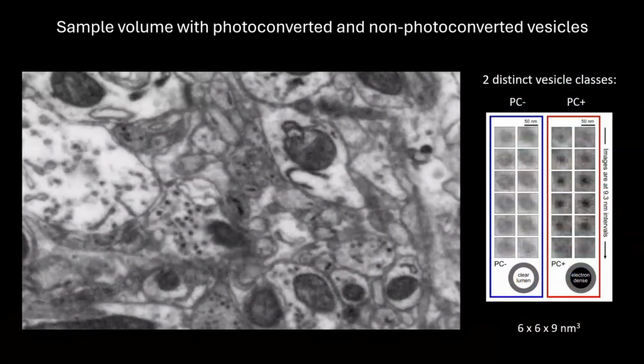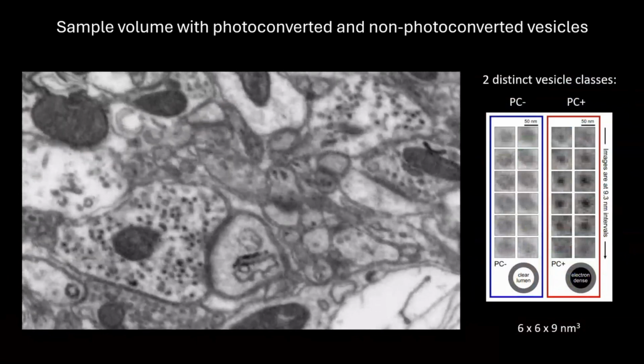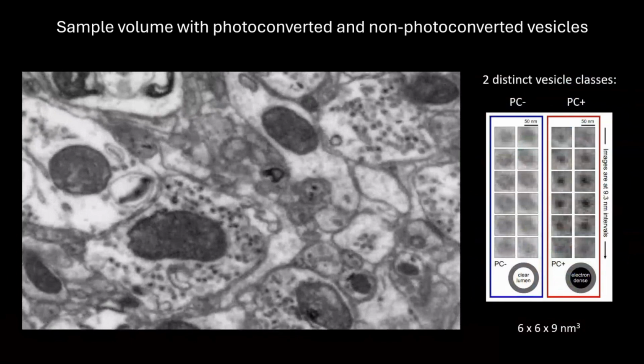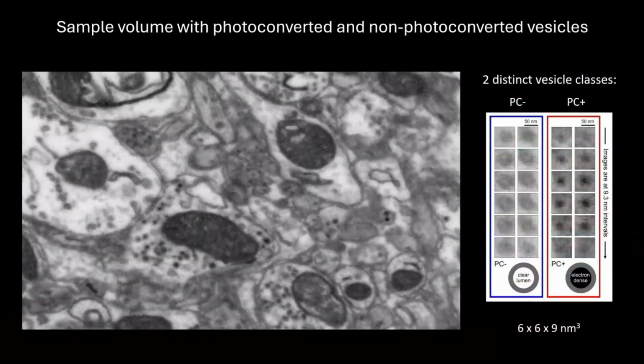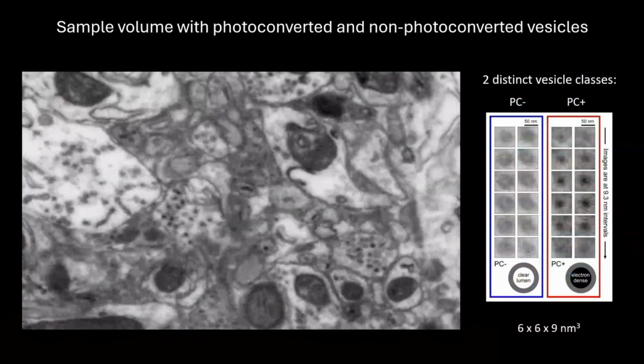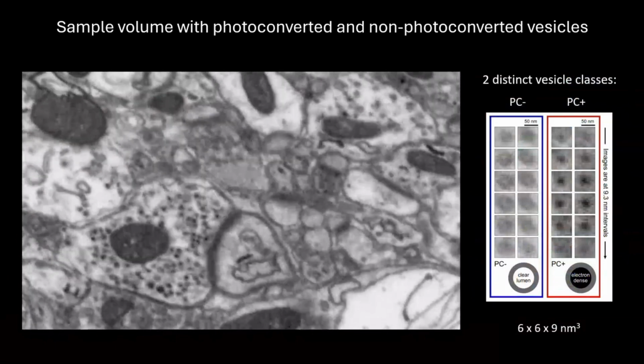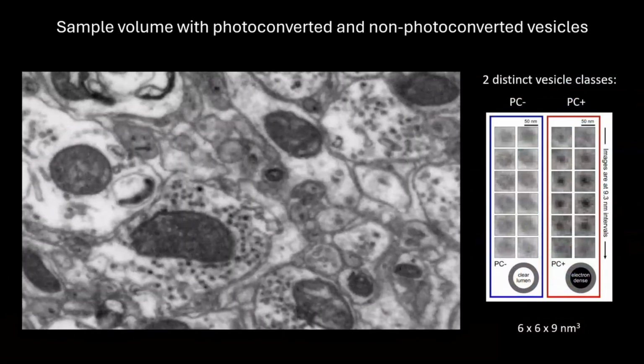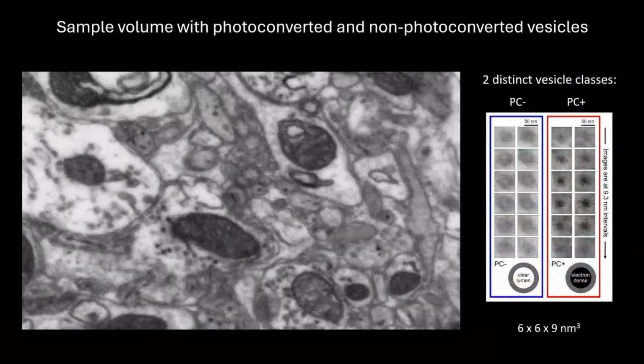If you look on the left-hand side, there's a bouton with loads of PC plus vesicles inside, indicating a high activity level. On the right-hand side, though, there are a couple of boutons where there are fewer photoconverted vesicles, indicating reduced activity for those boutons.